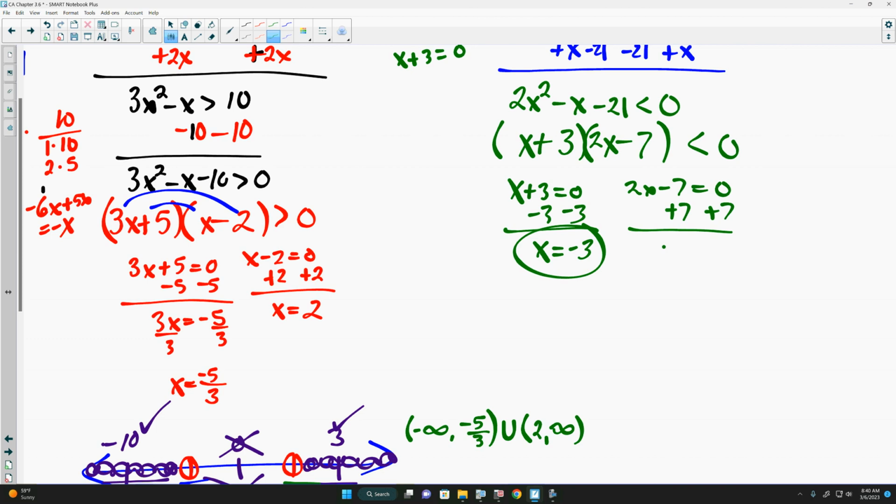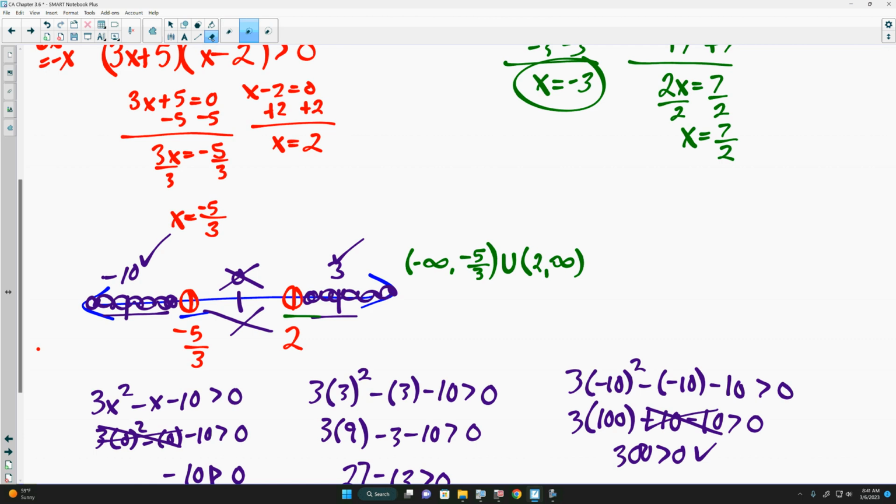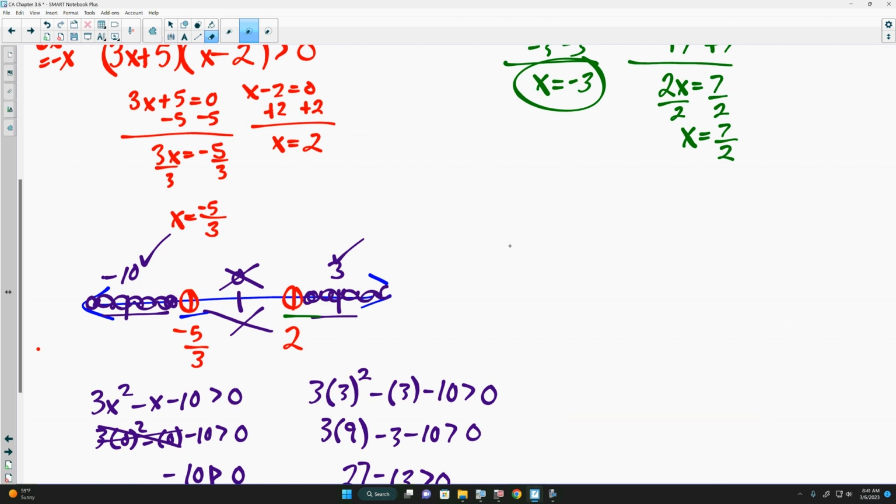Now the other one, we can add 7 to both sides. Divide by 2, telling us x is 7/2. Now on the number line, our two main points are going to be -3 and 7/2. Now again, it's not equal to, so both of these are going to be open. They're going to be open circles.